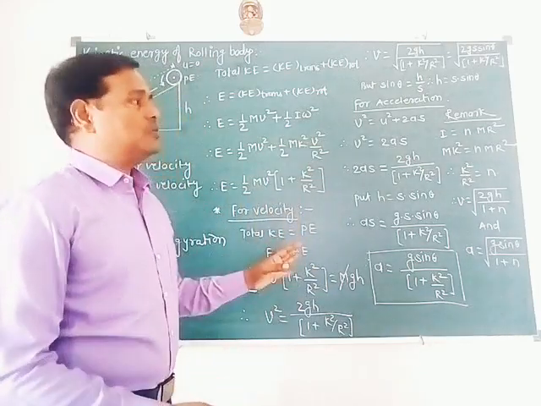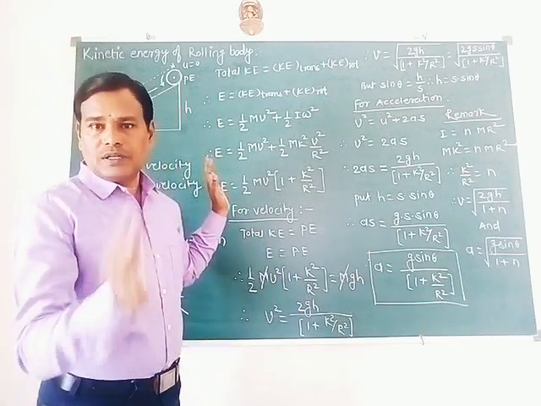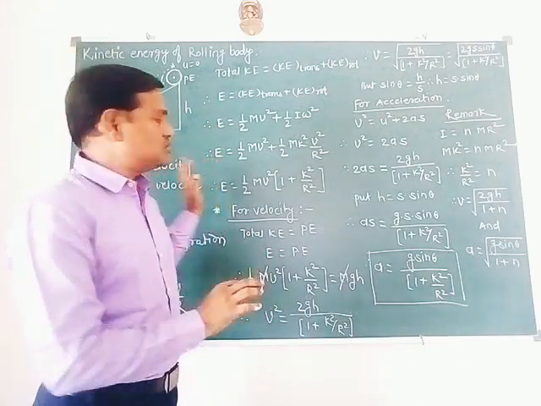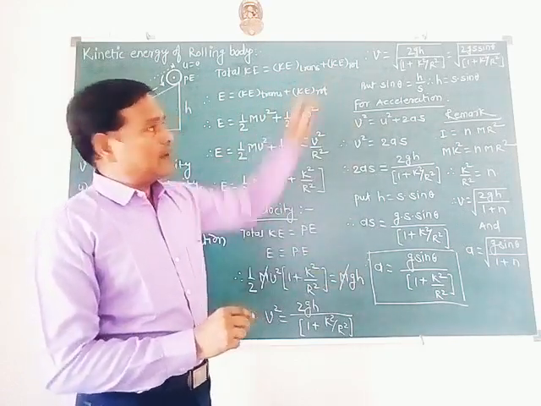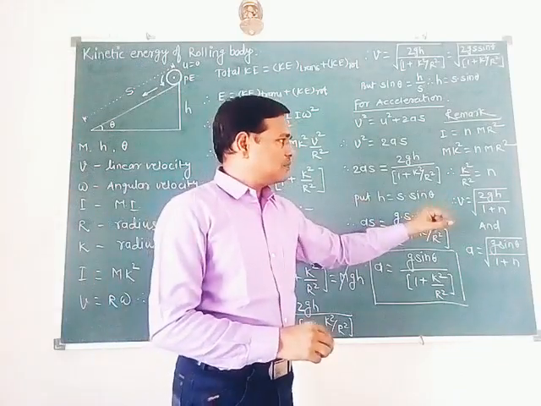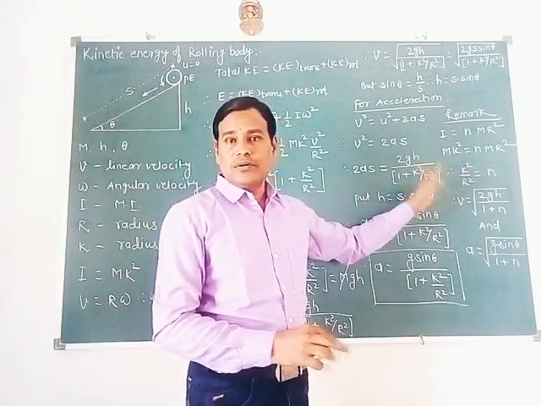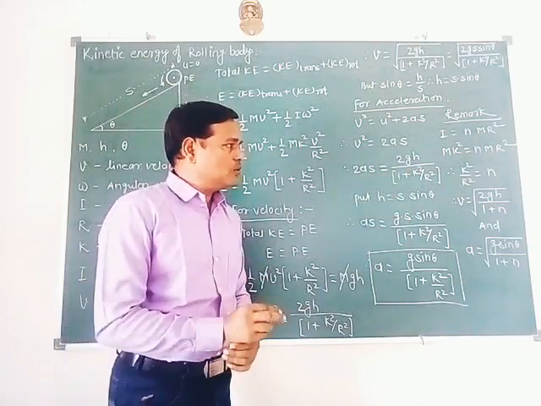So we must remember the kinetic energy of a rolling body. It is a combination of translational and rotational kinetic energy. The velocity and acceleration in terms of angle also, in terms of k square and r square. Instead of k square by r square, you can write n for each regular type of body, and then the relation becomes v equal to.